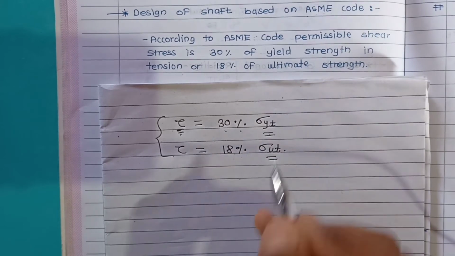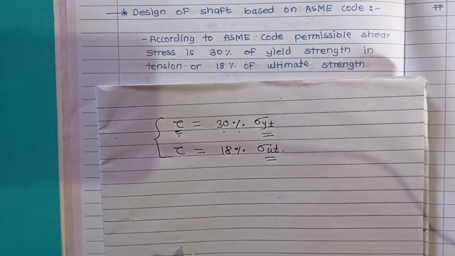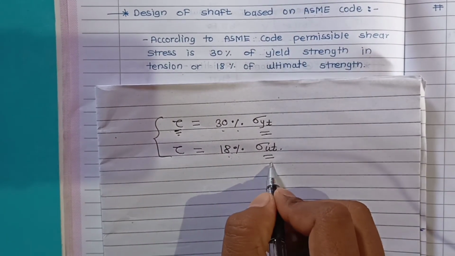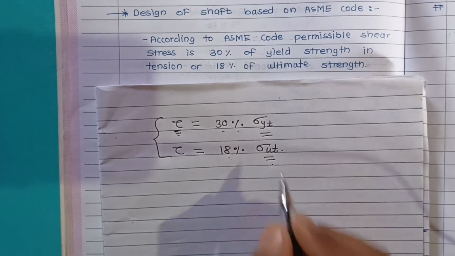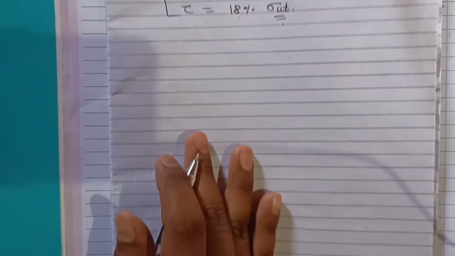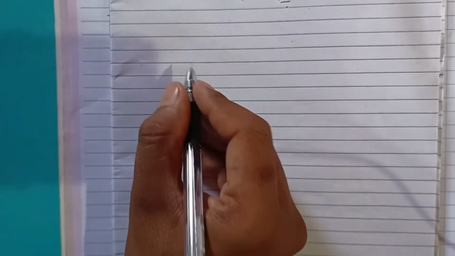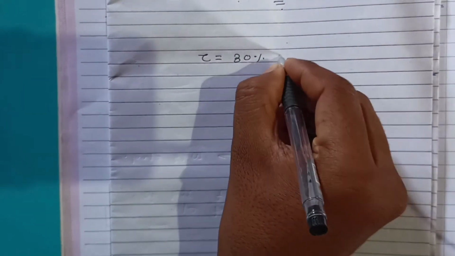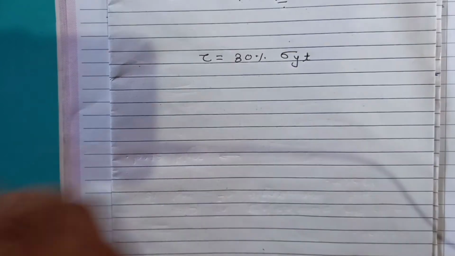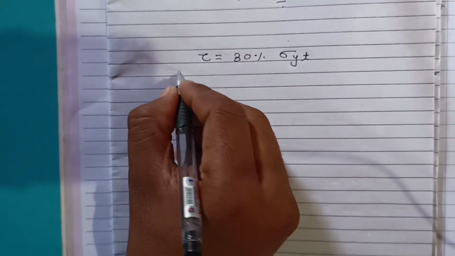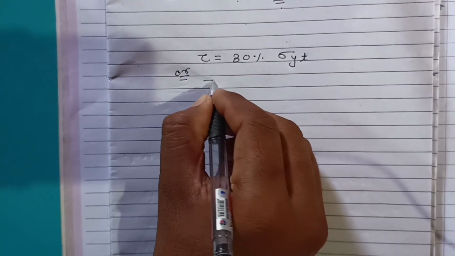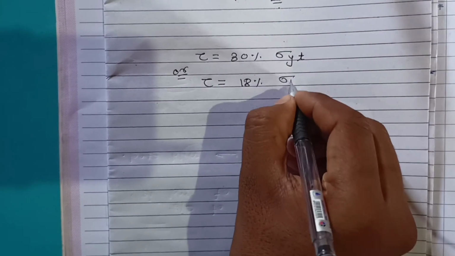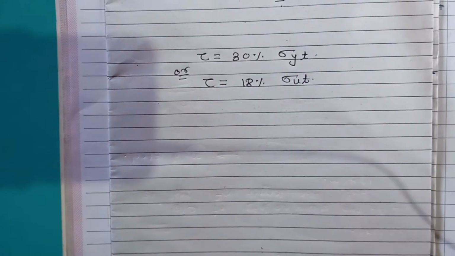And in the second criterion, the permissible shear stress is 18% of ultimate strength. Now I will repeat it once again. The permissible shear stress is 30% of yield strength, or the permissible shear stress is 18% of ultimate strength.